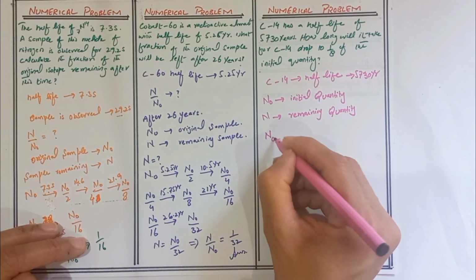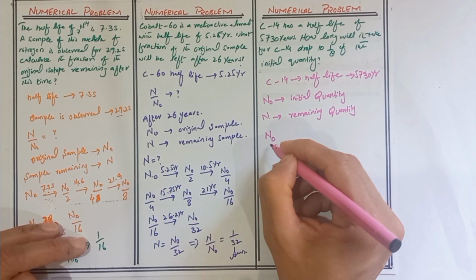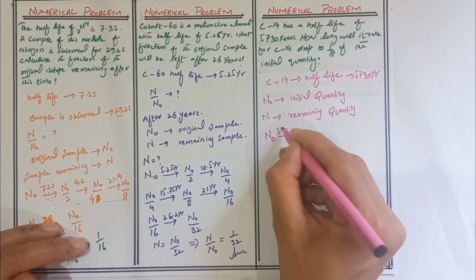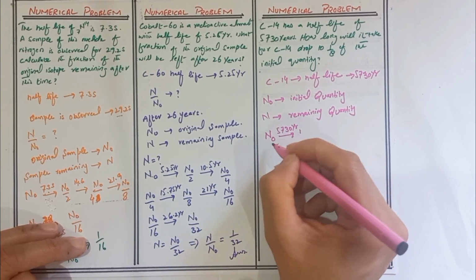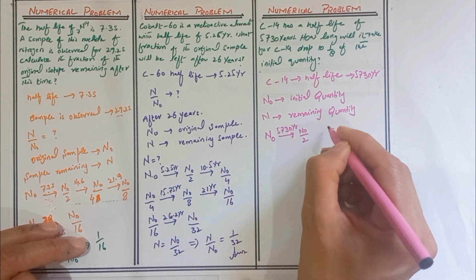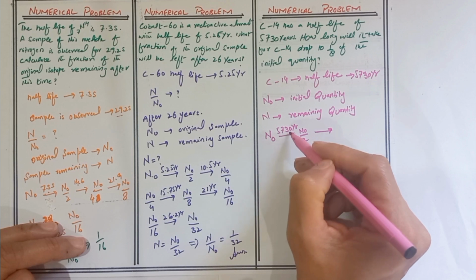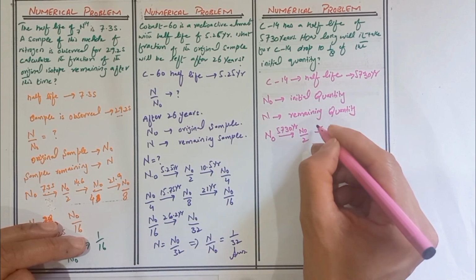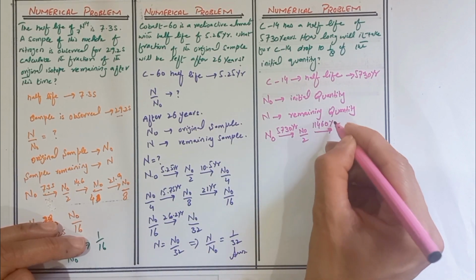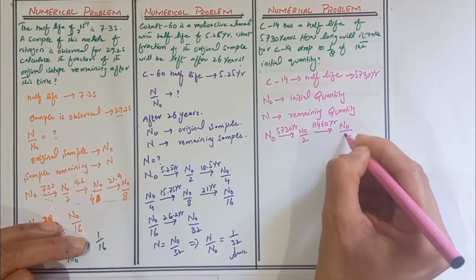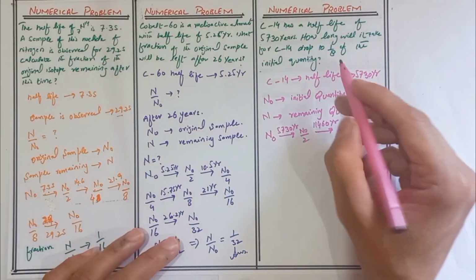N naught is the original sample of carbon-14. After the first half-life, that is 5730 years, the sample becomes half of this, N naught by 2. Then we add another 5730 years, so 11460 years pass, and the sample becomes half of this. We calculate the 1 by 8.